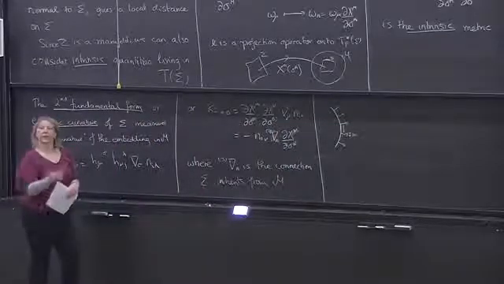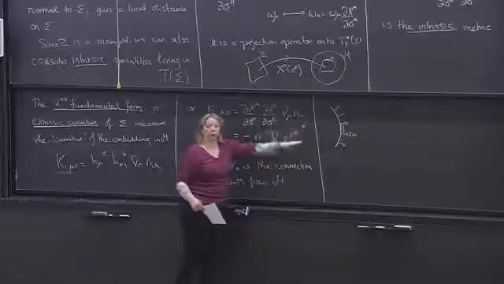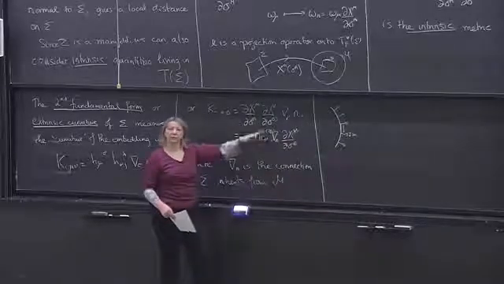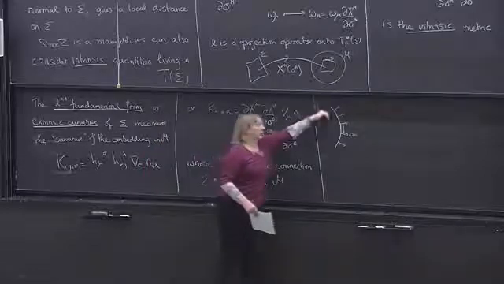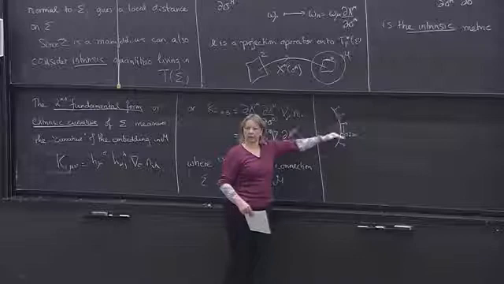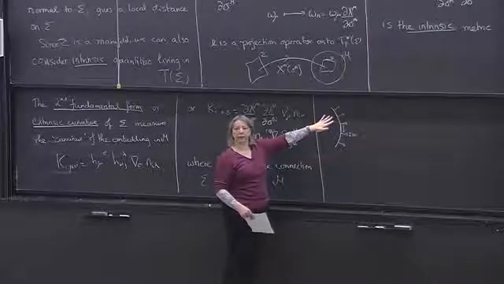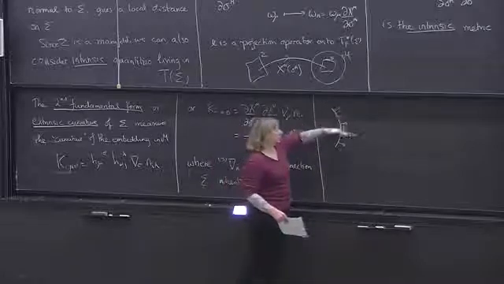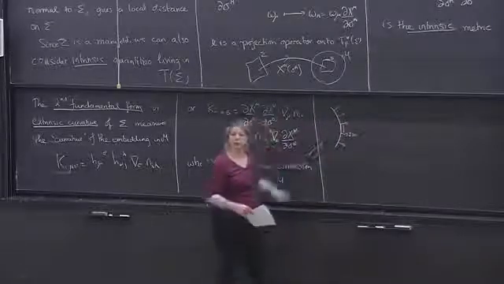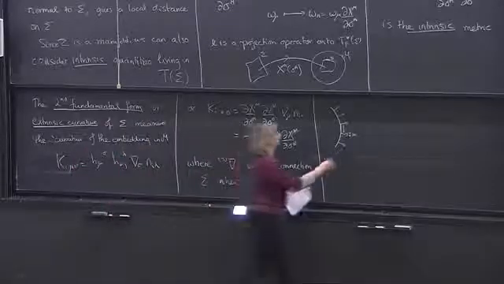And so that's K_AB. K_AB is telling me how my normal changes as I move in the submanifold. And so in this case, with a curved embedding, you can see that the normal shifts. The background manifold is completely flat. And in this case, I do have some extrinsic curvature of the embedding. So it's nice to see an example, I think.